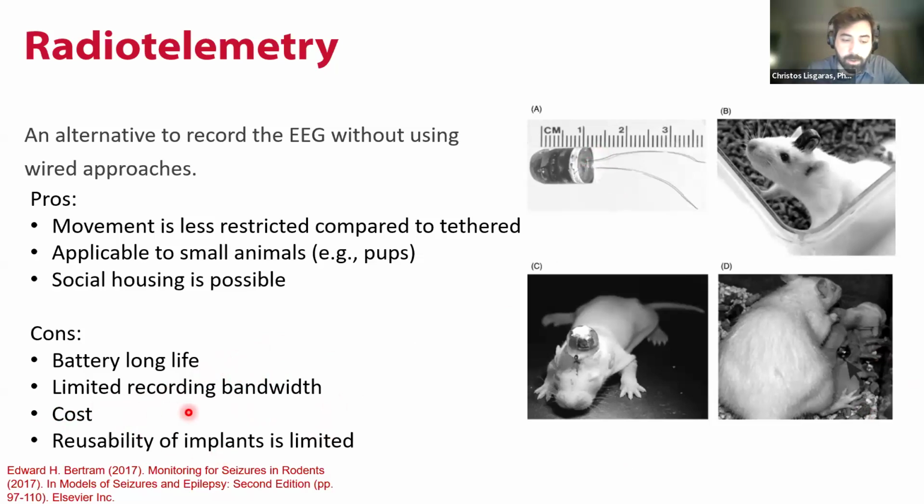Also, this approach is usually a less cost-effective approach, and it may be challenging to use the same implants over time in different animals. So these are some things to consider. And again, you can learn more about that in the book Models of Seizures and Epilepsy in a chapter that Ed Bertram wrote.